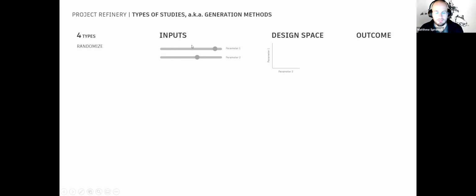Option number 1 lets you make options. It says, I'm going to randomize your sliders. So it'll play around with the sliders and it creates your design space on the X and the Y axis in terms of options that you can make.